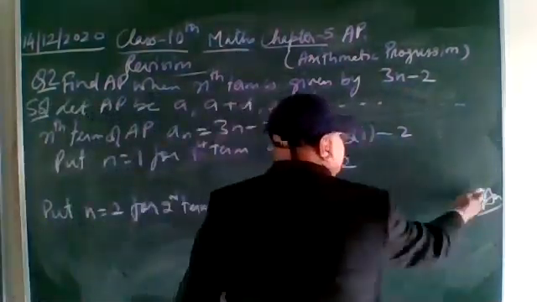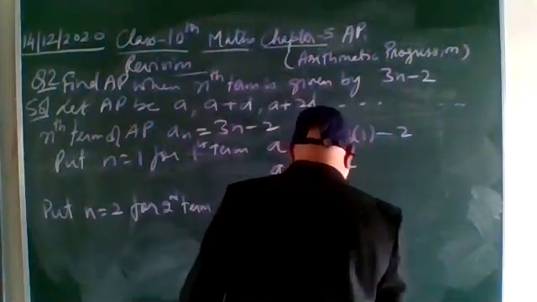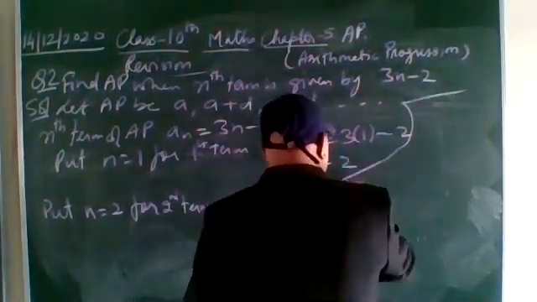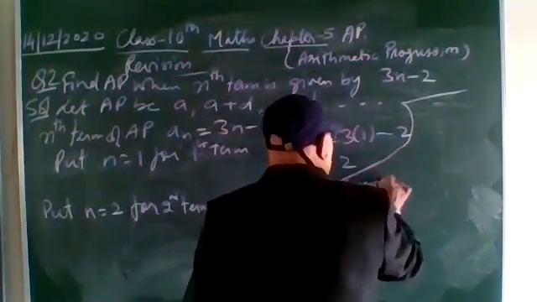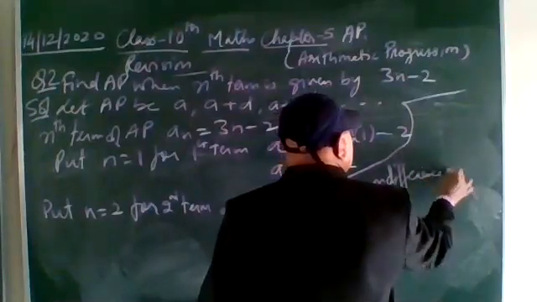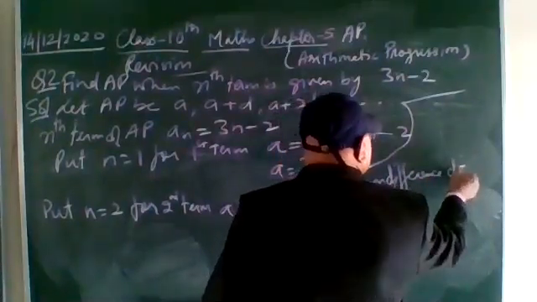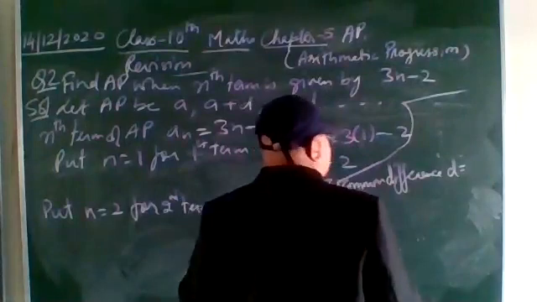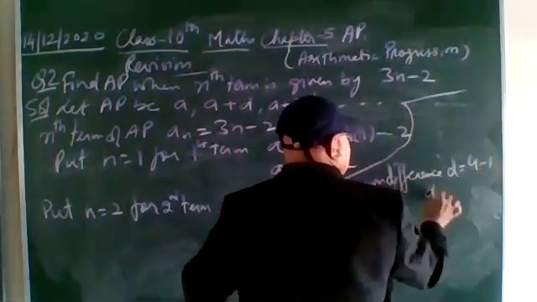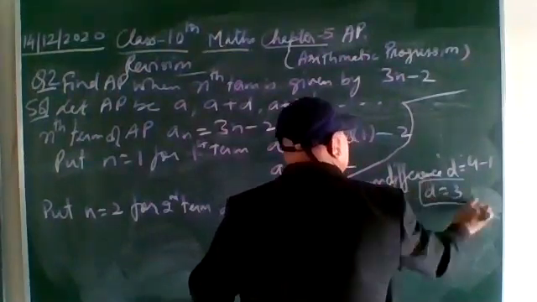Now after that find the common difference d, that is second term minus first term, 4 minus 1, so d is 3.